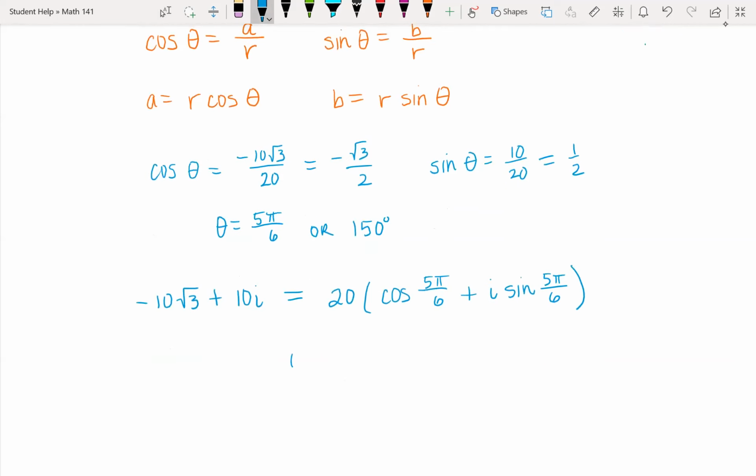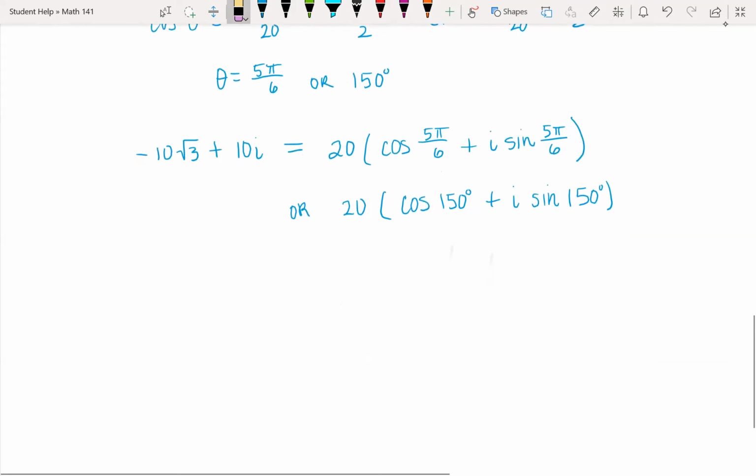Or you can write it as 20 times the cosine of 150 degrees plus i times the sine of 150 degrees. If we were to multiply this back out, if we were to find the cosine of 150 degrees and then multiply it by 20, we would get -10 root 3. And if we were to multiply sine of 150 times 20, we would get that 10i. So multiplying that back and forth is how you can get to the imaginary number.